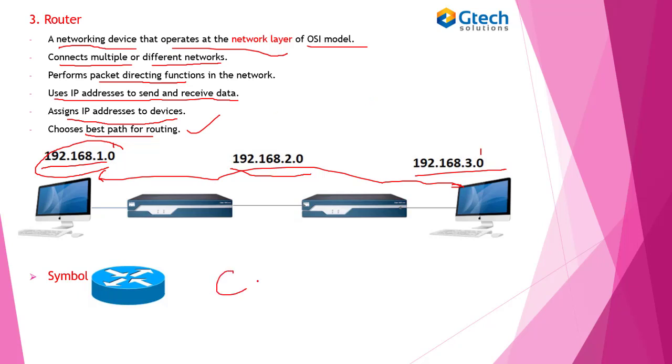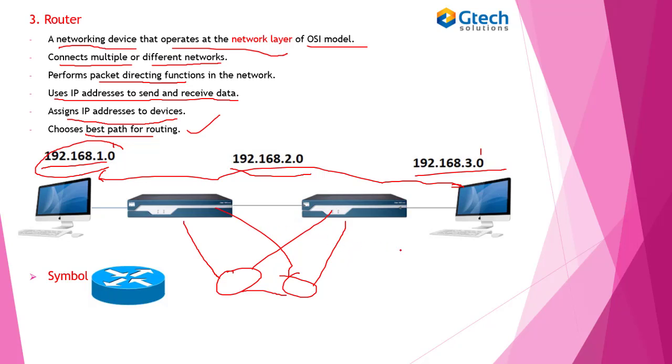What do you mean by that? Whenever there are so many routers, let's say this router is also connected to this router, and is connected to this router, this one is connected to this router, this one is connected to this router. Based on some concepts that we'll discuss in the coming classes, a router will choose the best path, either this link to this one, or this one to this one, to send data from one device to another, whenever there are redundant links.